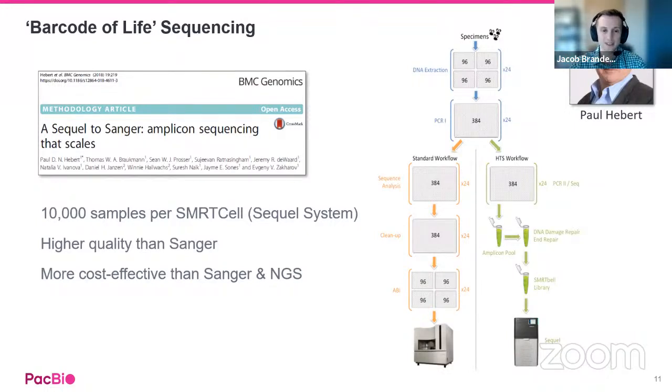This pilot experiment was multiplexing 10,000 samples together on a single SMRT Cell. What they were able to find was that this produced much higher quality results than Sanger sequencing and was more cost effective than NGS and Sanger due to the plex levels they could achieve on our instrumentation. So you can think of this as sequencing in massive parallel, or Sanger sequencing on steroids, essentially.